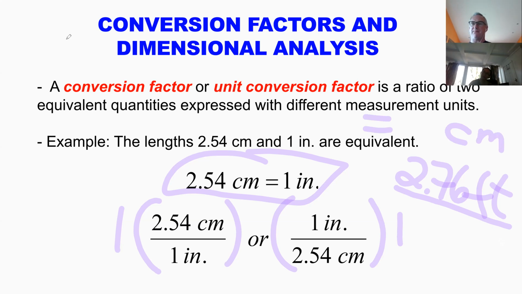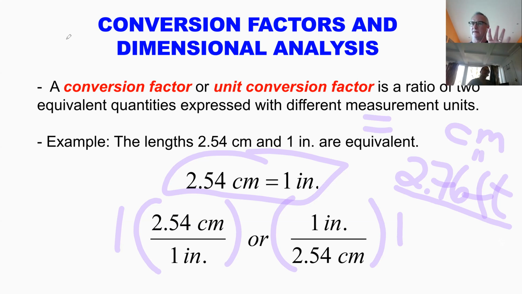So I can't multiply it by 10 or by 1,000 or by 1,000,000. I have to multiply it by 1 so that my 2.76 feet at the end equals that precise number of centimeters. So every time I'm changing my units, whatever I'm multiplying by must equal 1.